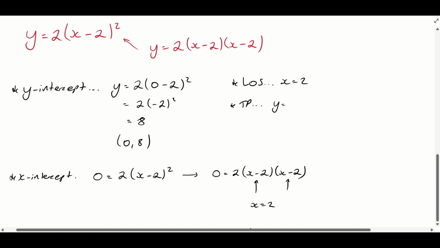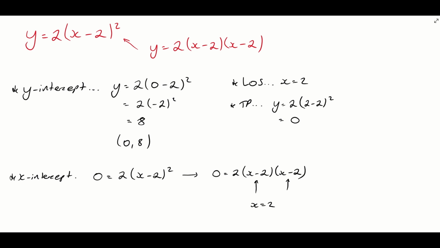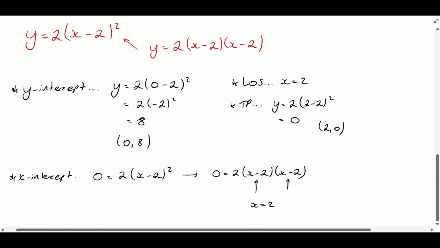So y equals 2 times 2 minus 2 squared, which of course is just 0. And that has to happen because our x-intercept is at that point, which we expect to have a y-coordinate of 0 if we're on that x-axis. So a turning point of 2, 0, which is the same coordinate we get for our root. So our root and our turning point here are actually the same point.